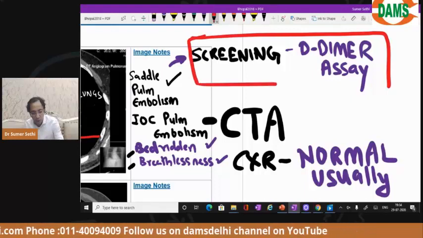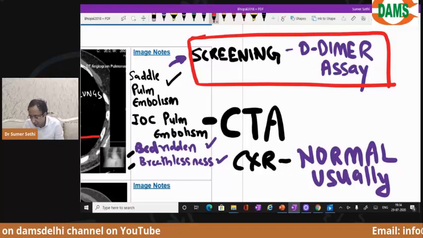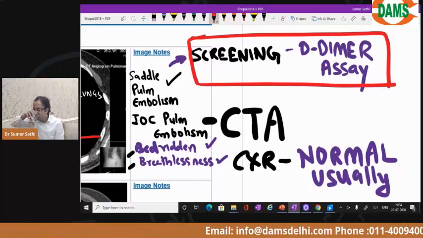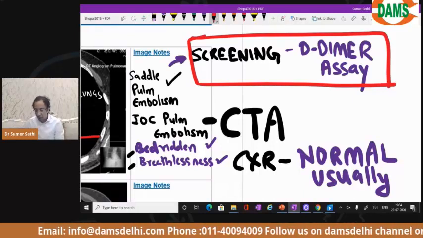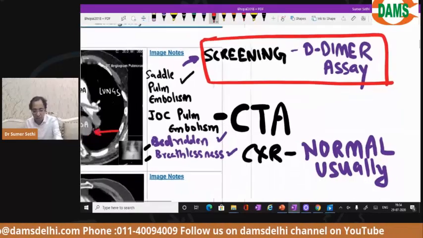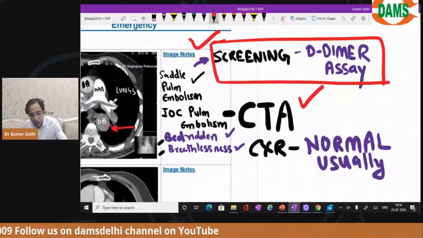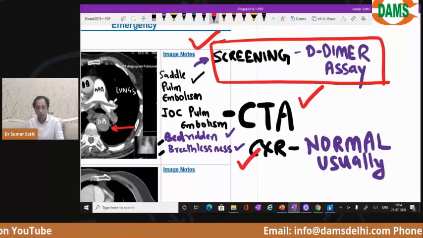Wherever coagulation happens in the body, the D-dimer in the blood increases. D-dimer is a fibrin degradation product. Are you clear? Everybody clear? Yes. So investigation of choice for pulmonary embolism is CT angiogram. Screening is done with D-dimer assay. Chest X-ray is usually normal.